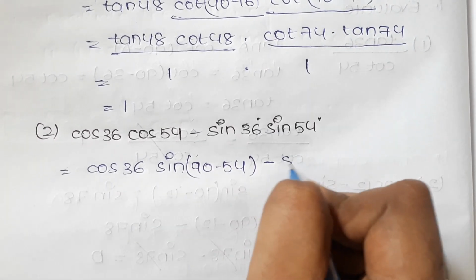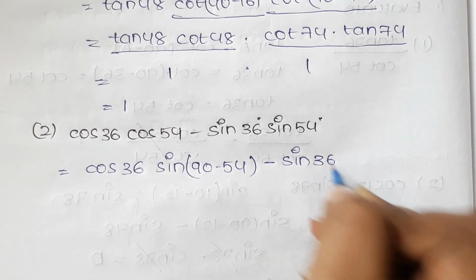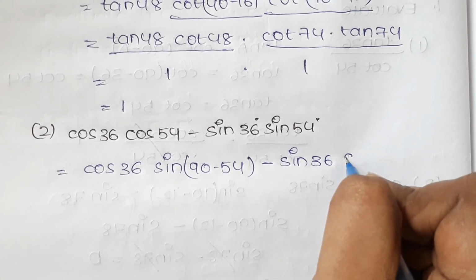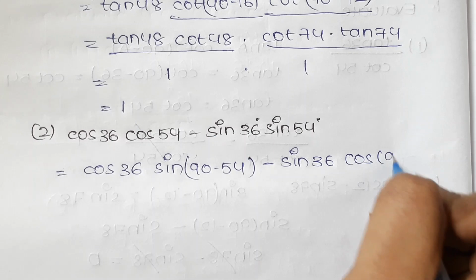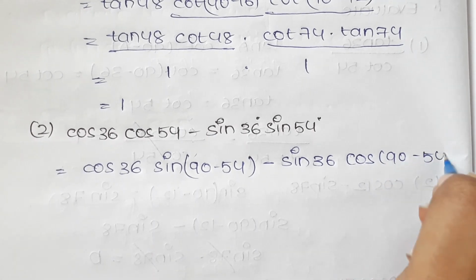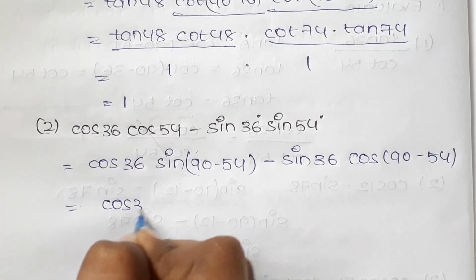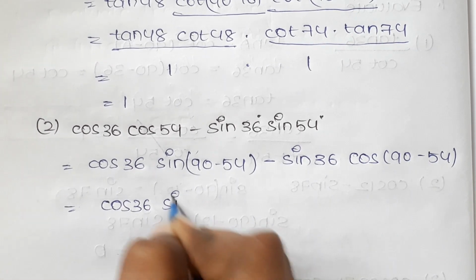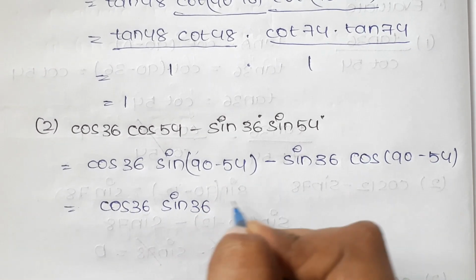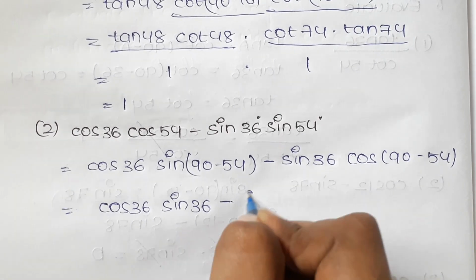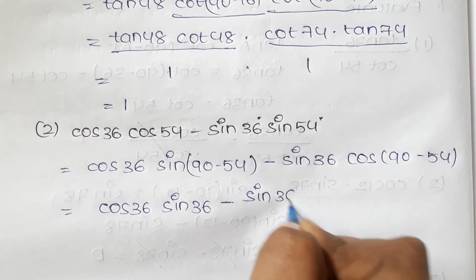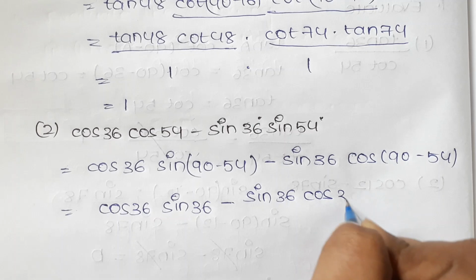And here sin 36 as it is, and sin 54 can be written as cos 90 minus 54. In this, cos 36 into sin 36 minus sin 36 into cos 36.